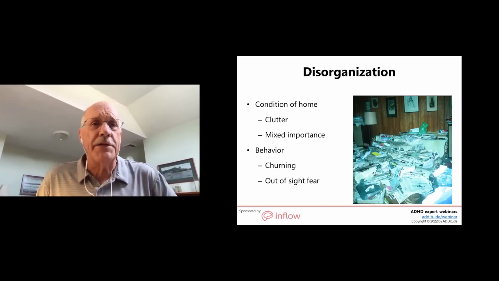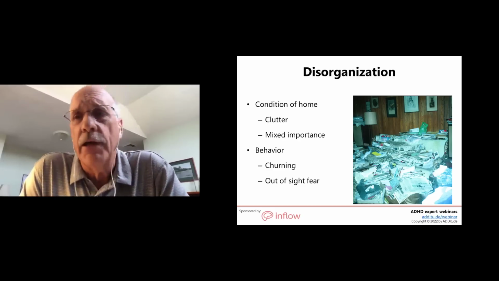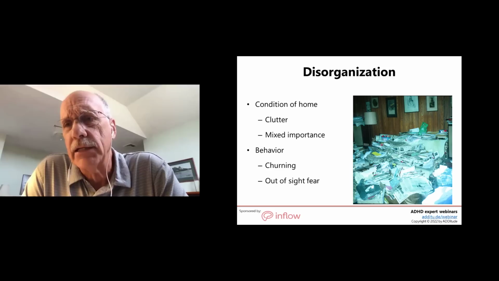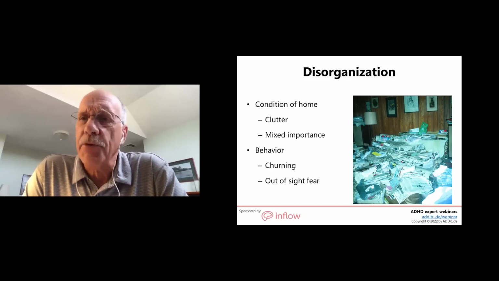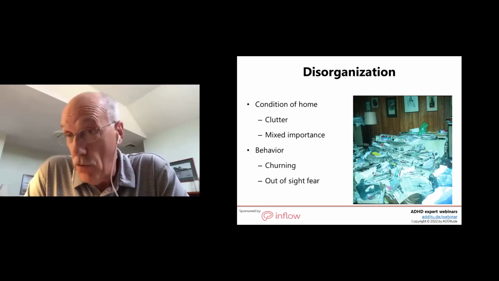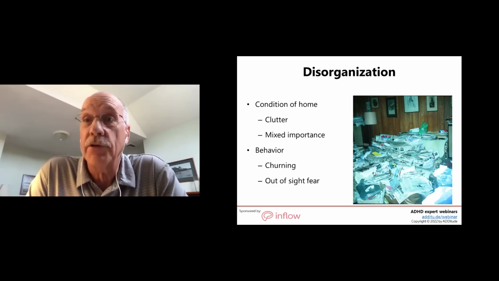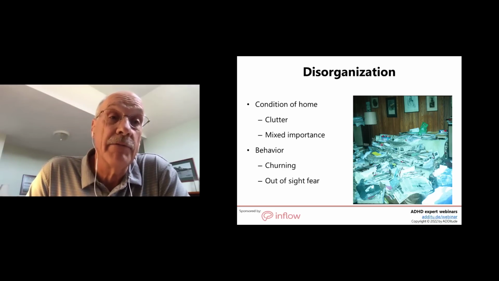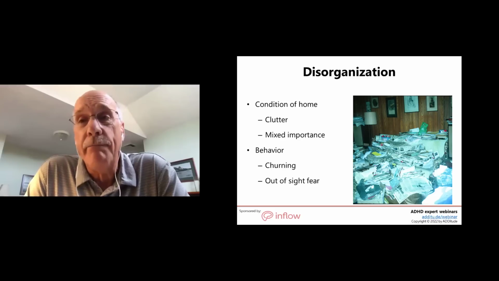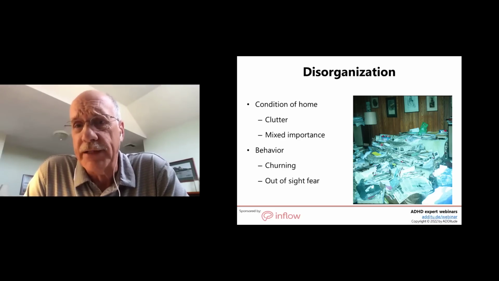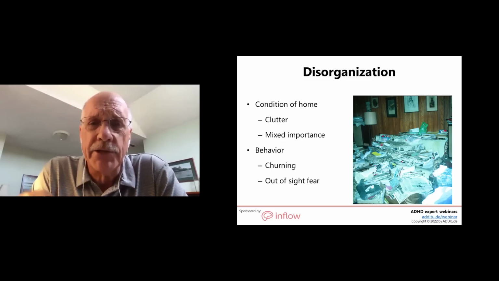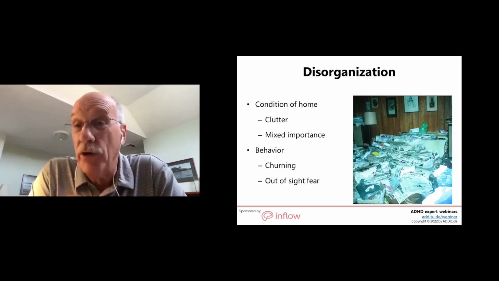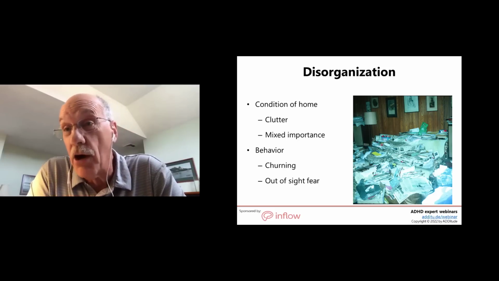And the final feature is disorganization. This is expressed in both the condition of the home and in their behavior. The clutter that we see is an example of the disorganization. There's a mixture of important and unimportant things. In this picture that you see with all these papers, somewhere in all of that, there's a title to the car.